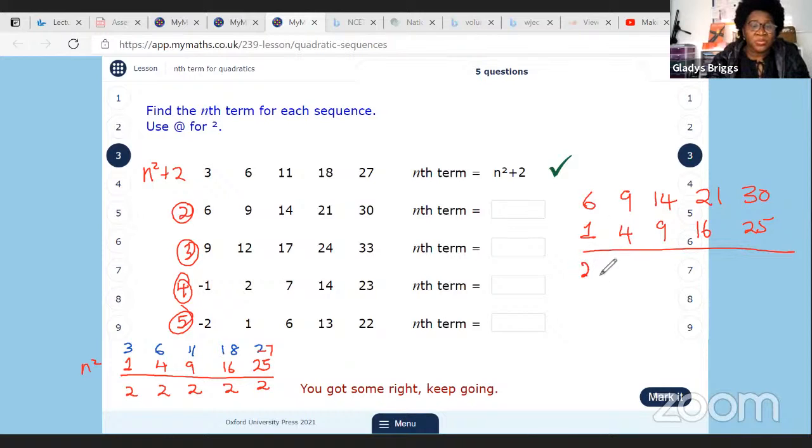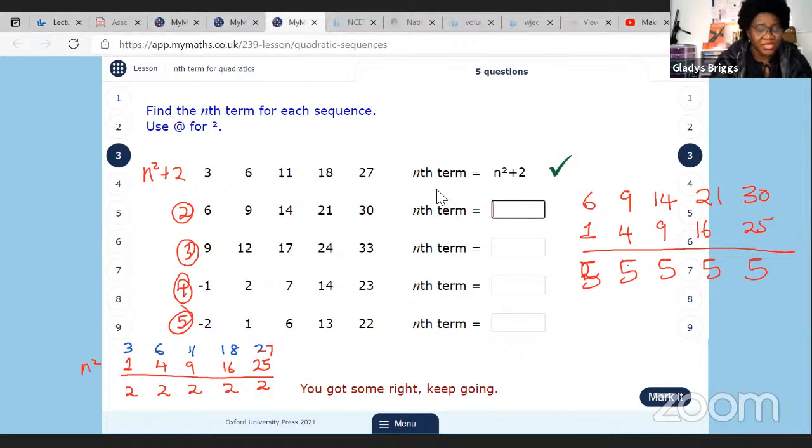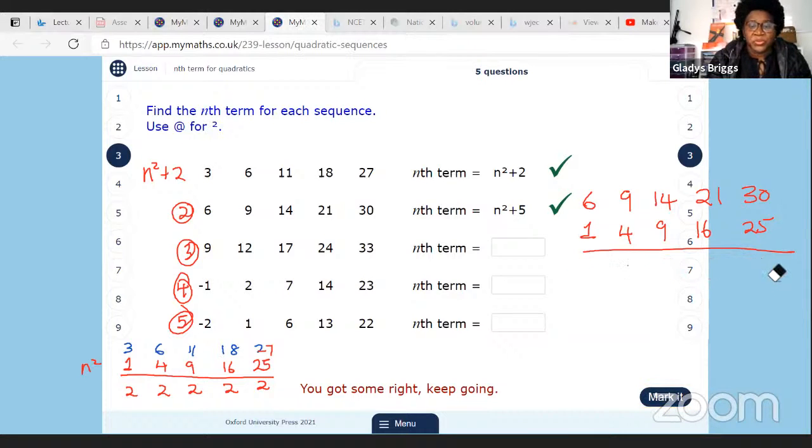This is 5, and this is 5, 5, 5. So it's going to be n squared plus 5. Let's see who got them right. Yep, well done to those of you who got it right.